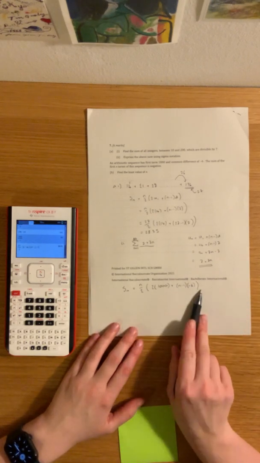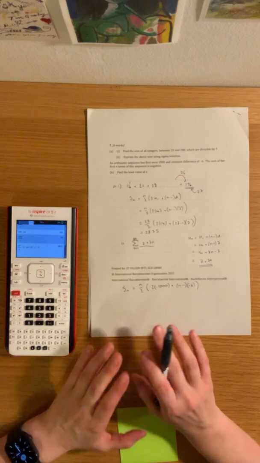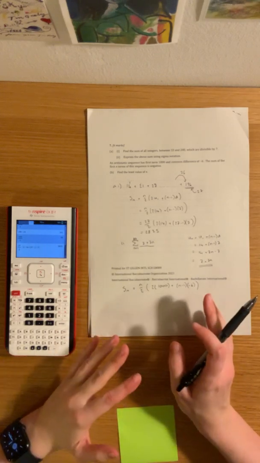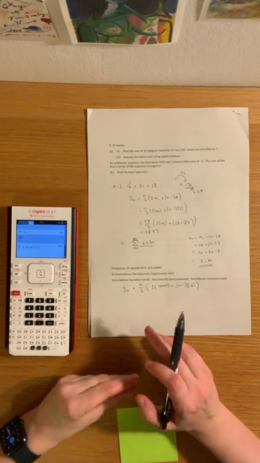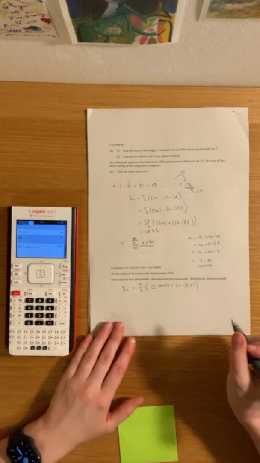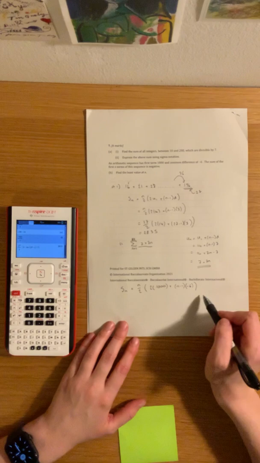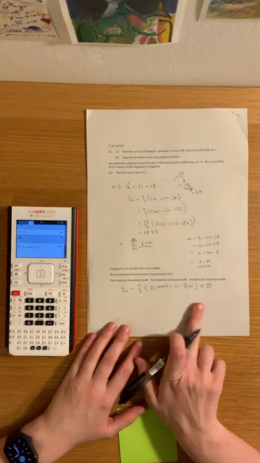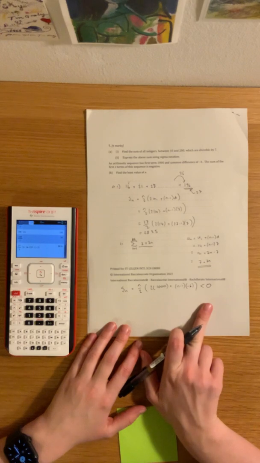And I would like this to be negative. Now, that's not easy to just say, go from negative to what I need to do next, but negative is when it becomes less than 0, right? So I want the sum to be less than 0, and that's what I'm going to work with.